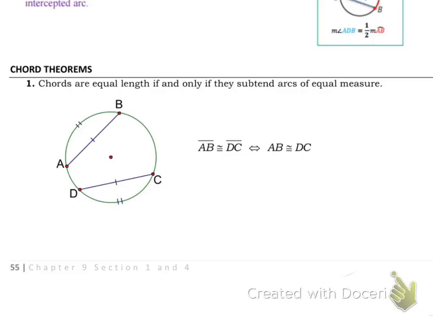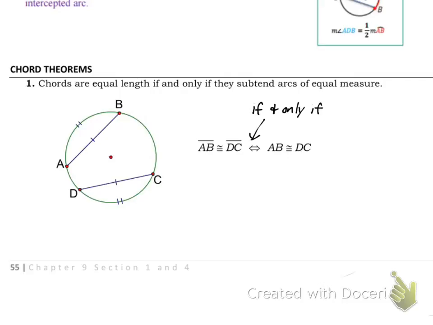We can go the other direction as well. If I had AB and DC and I knew that the chords were congruent, that would mean these arcs would also be congruent. So it goes both directions. That's why we have here AB is congruent to DC. This double arrow is just like that statement we had, if and only if.